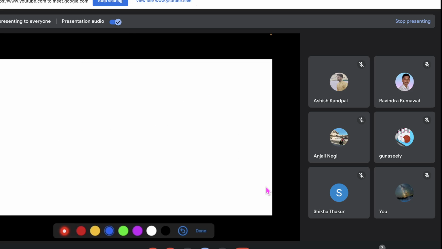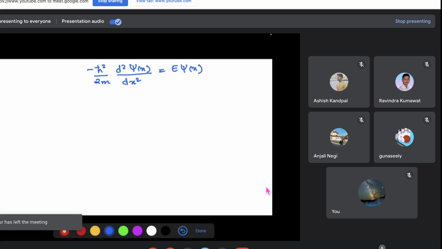So this will be minus h bar square upon 2m d2 psi x upon dx square is equal to E psi x, and the energy corresponding to this, if we solve further, comes out to be n square h square upon 8m capital L square.